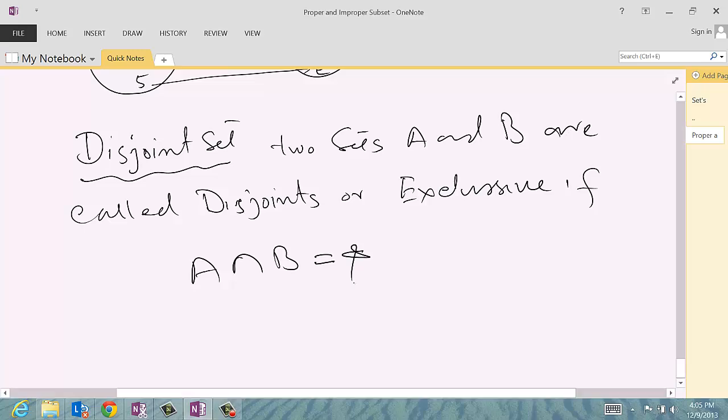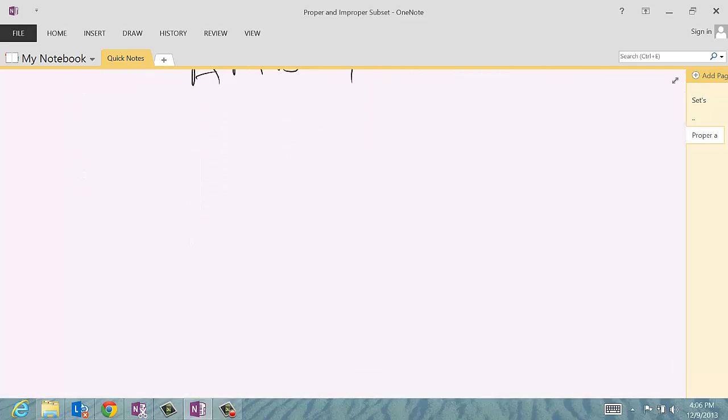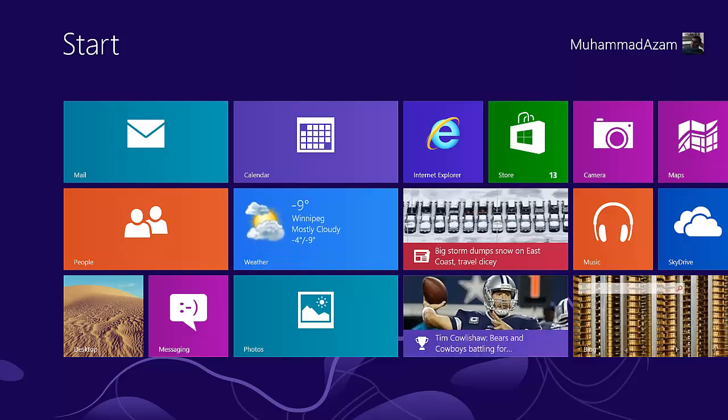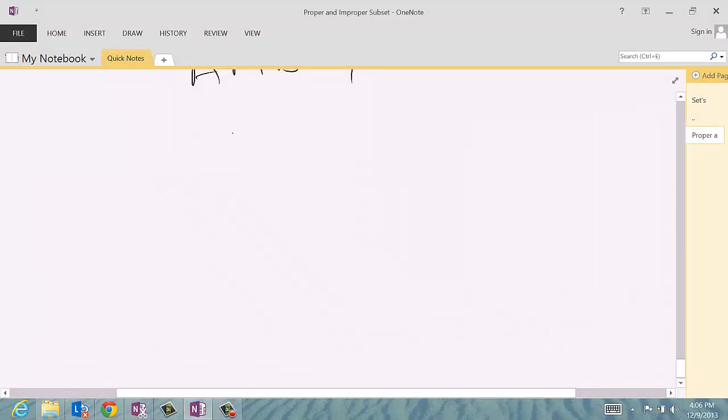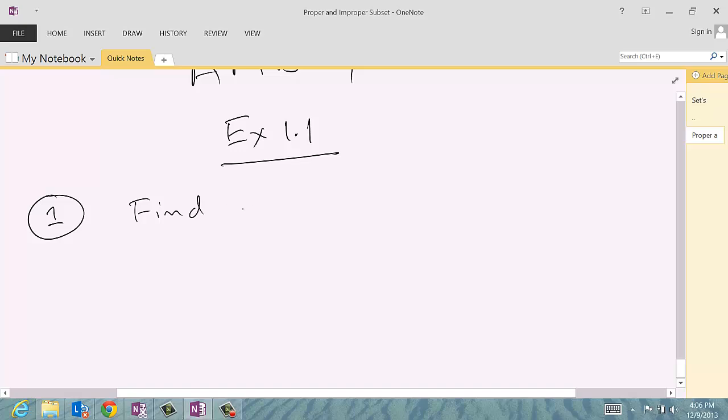So let's continue on to an exercise, and these different concepts we have learned, we are going to practice them in an exercise. Let's call this exercise 1.1, and let's take a look at this question. Find two proper subsets of the following sets.